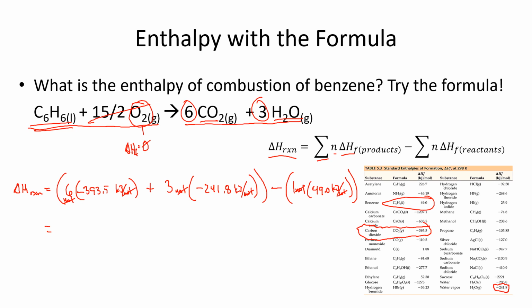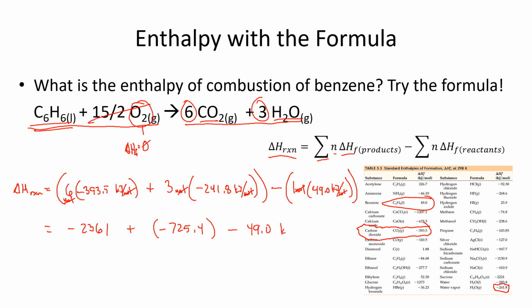So 6 times negative 393.5 is negative 2361. And we're going to add that to 3 times negative 241.8. And that comes out to negative 725.4. And then we're going to subtract 49.0.